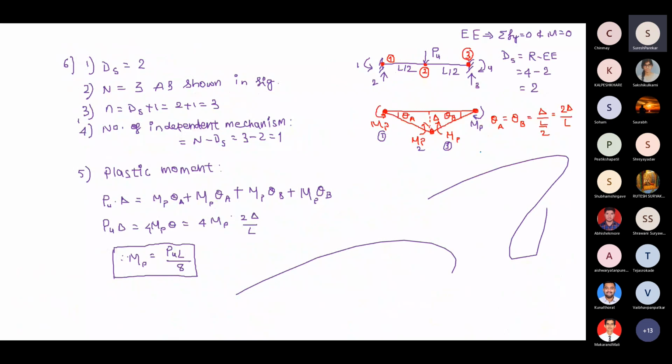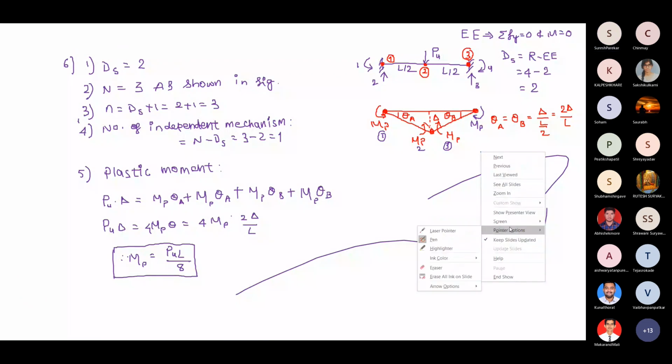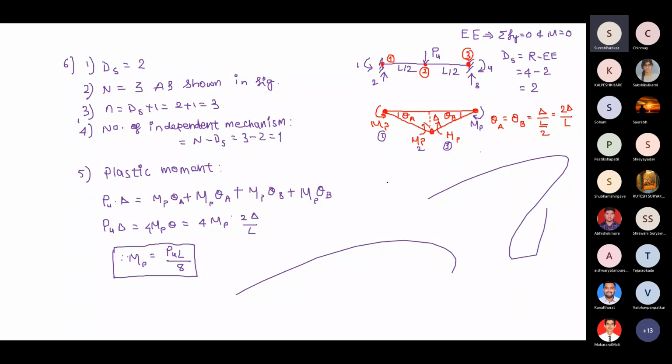Then we have for this, we have both end fixed. So we have final moments on both sides, we have same. So these are MP values at end. This is MP. This value is MP. And then we have W in at the center, sorry.